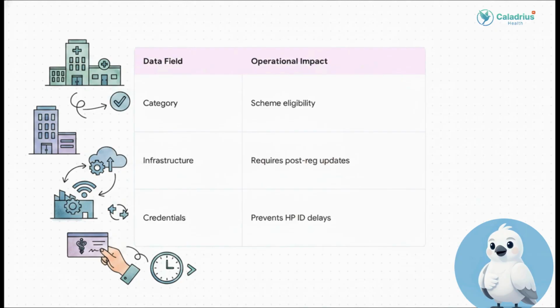Accurately selecting this during registration ensures correct scheme eligibility down the line. For infrastructure status, any changes or expansions in the services a facility offers post-registration should definitely be updated to keep the registry current. And regarding council credentials on the HPR side, ensuring full and accurate council details prevents verification delays. That keeps professionals equipped with their active HPIDs without any frustrating interruptions.